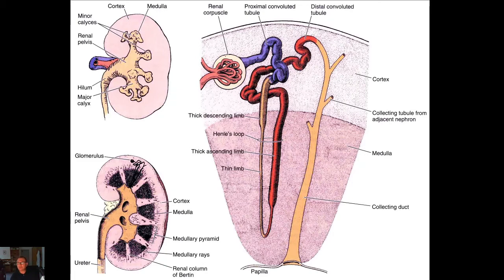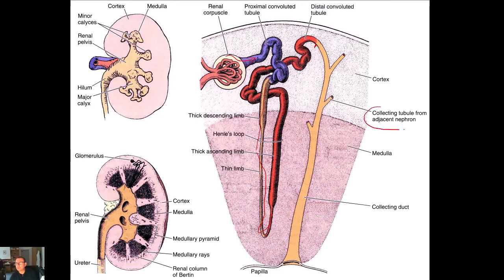Then urine goes to the proximal tubule, which is blue here, to Henle's loop, which is orange, and to the distal tubule, which is this red part. And at this level, the distal tubule is connected with the system of collecting tubules.